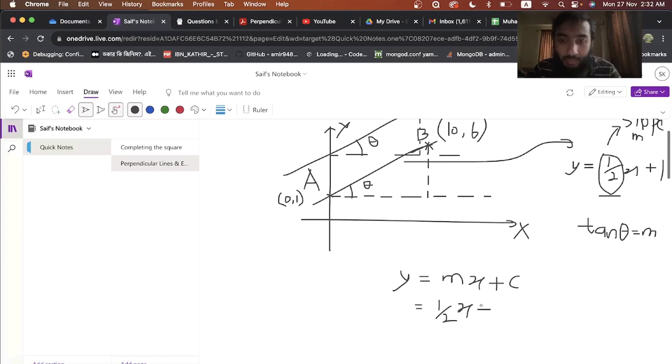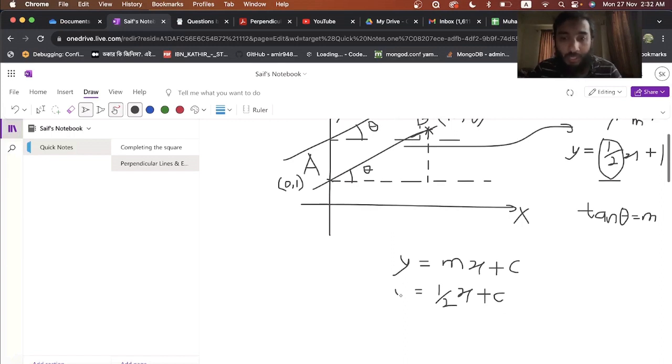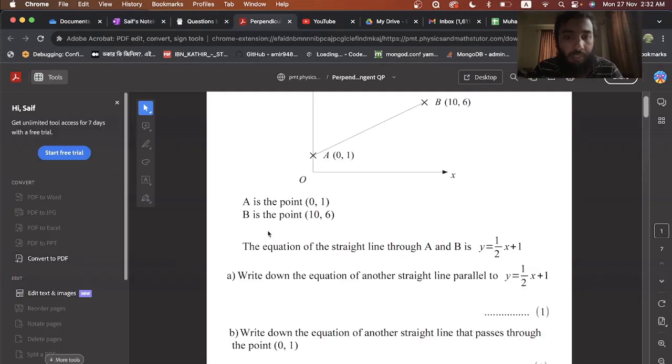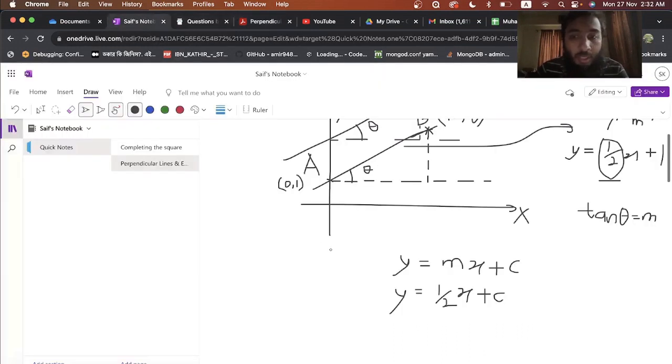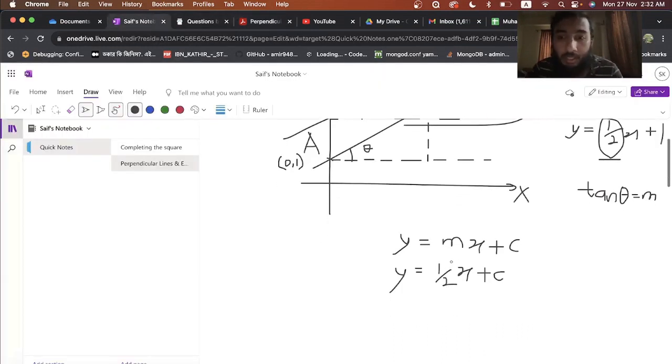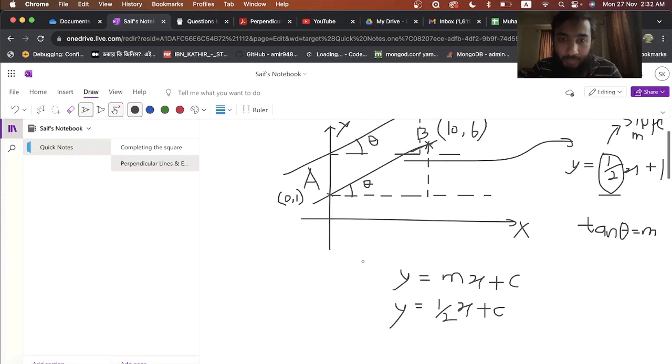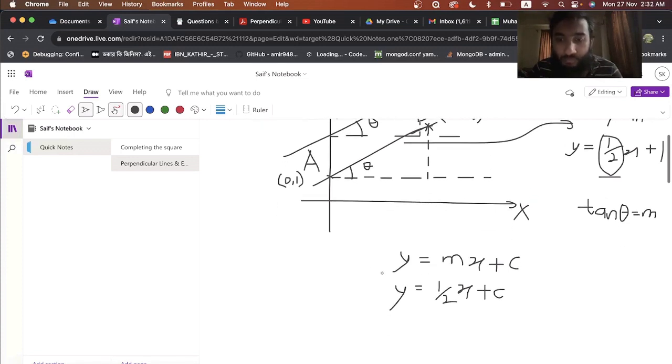So y equals half x plus c. So if I go here, so another straight line parallel to y equals half x plus 1. Okay. So this is the parallel equation.